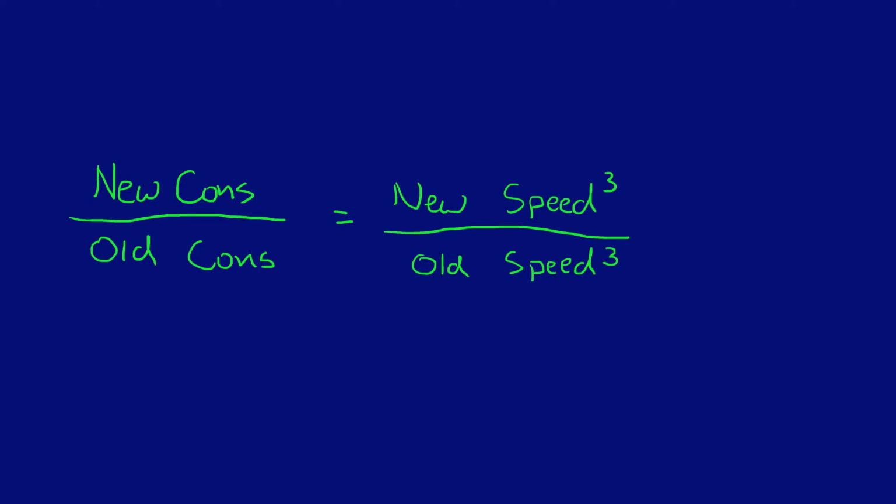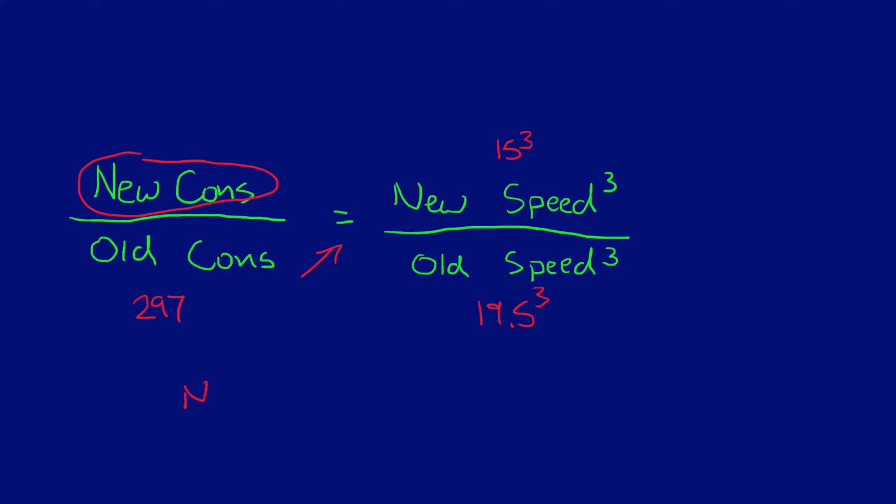So while steaming at 19.5 knots, we burned 297 barrels per day. So old speed was 19.5 cubed, old consumption, 297 barrels. We're solving for the new consumption, and our new speed is going to be 15 knots. So this time we're just going to move that old consumption all the way up over to the right side.